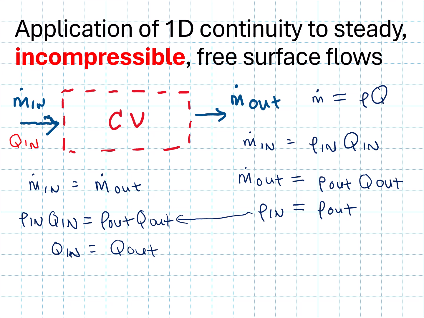So it's still true that mass flux in equals mass flux out, but for an incompressible flow, like a liquid, I can also now rewrite my 1D continuity to a steady incompressible flow as Q in equals Q out.